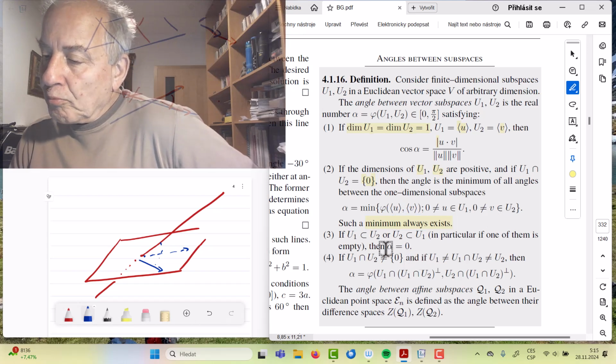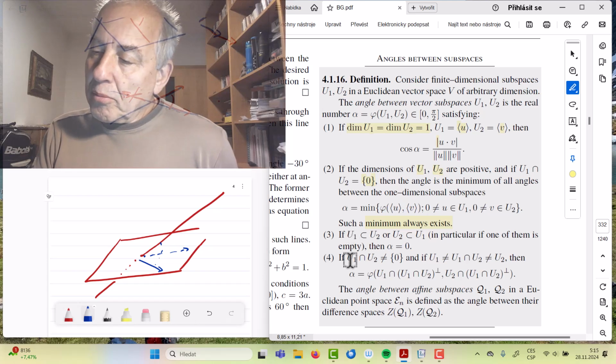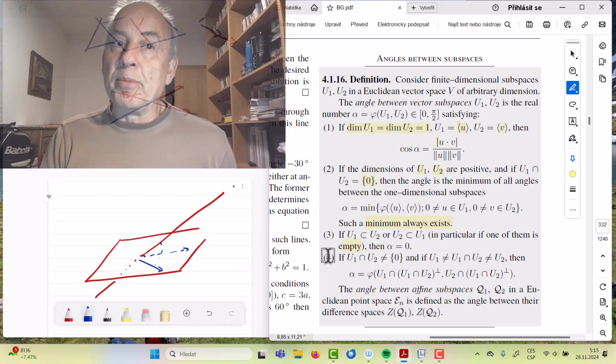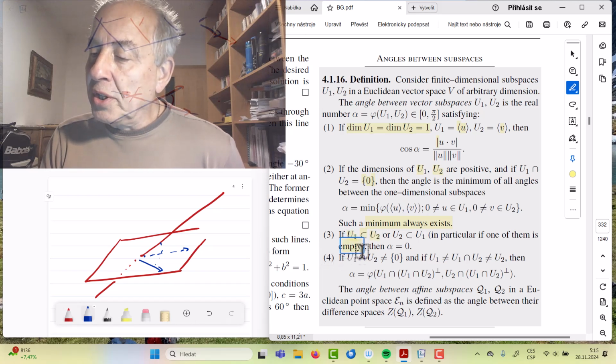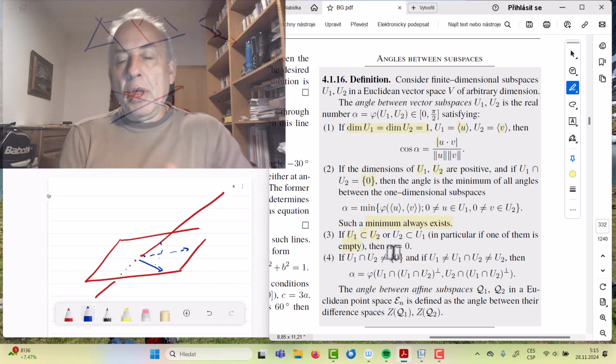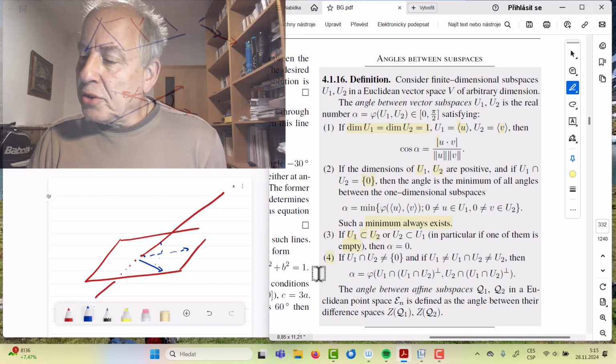Now, if one of them is, well, empty is wrong, should be trivial, because subspaces can't be empty, it's always having at least 0 there. But if we have inclusion, then we simply claim that the angle is 0, and then the most tricky one is the fourth one.